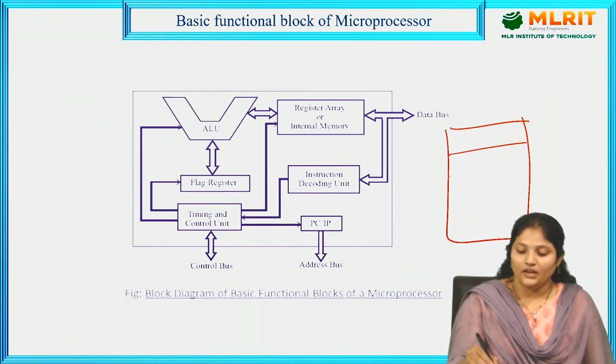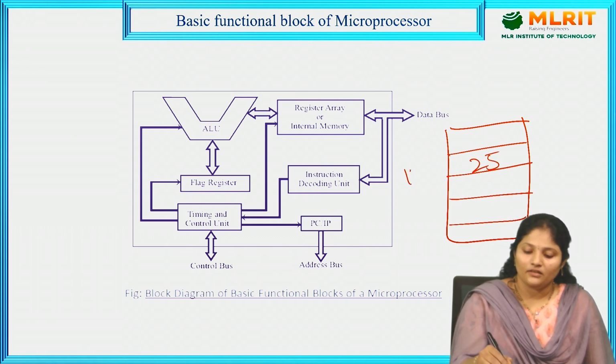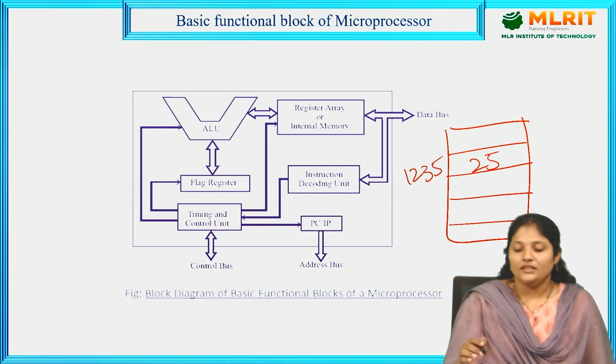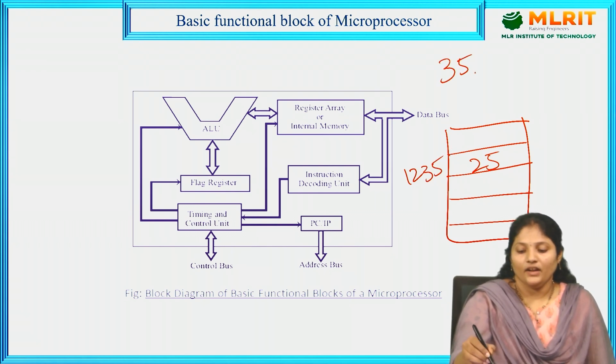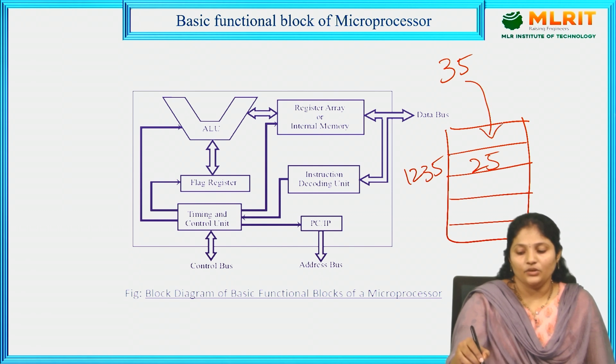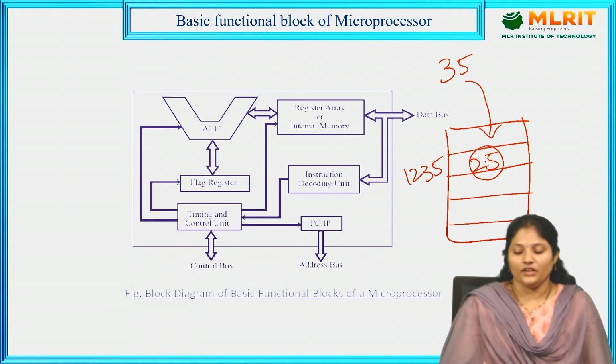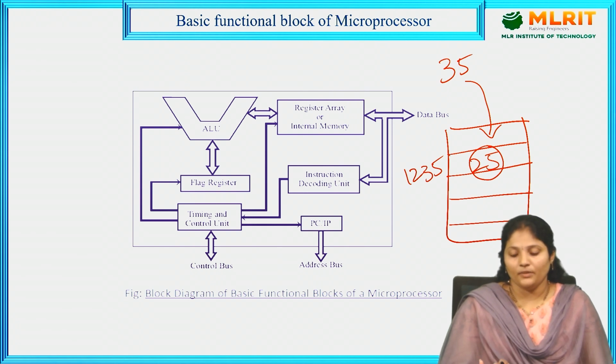If we consider this a memory, there will be one data present in that memory at the address 1235. To insert another number like 35 instead of 25, I want to replace the data with 35. So how will it be executed by the microprocessor?